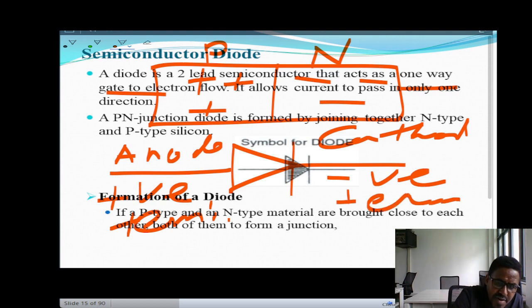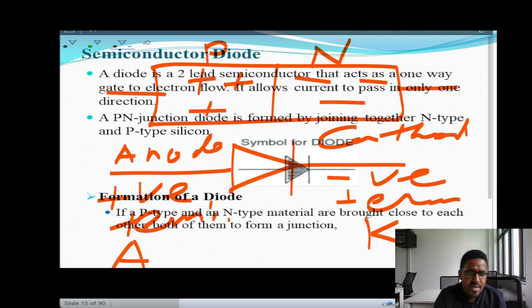The cathode is represented as K, the anode is represented as A.